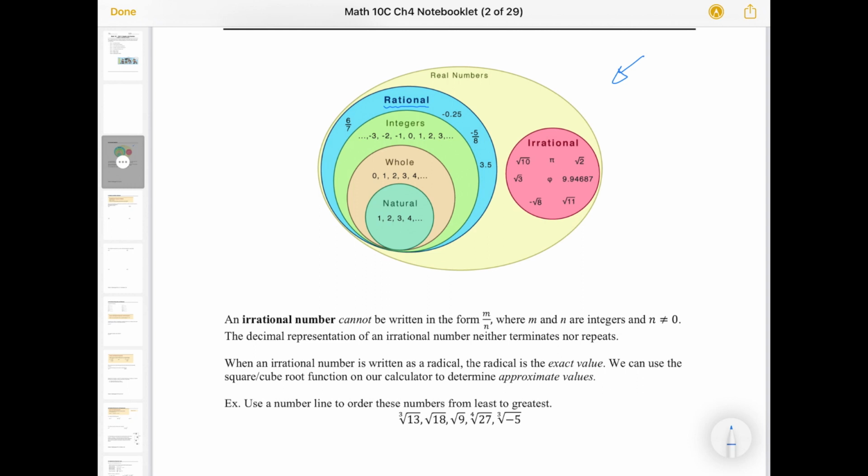This one here, we look a little bit more at our irrational numbers. Those are the numbers that cannot be written as a fraction. These are numbers like pi and the square root of 2, where the decimals do not repeat or end. It's just going to go on forever, just like pi does. Pi is your classic example of an irrational number.